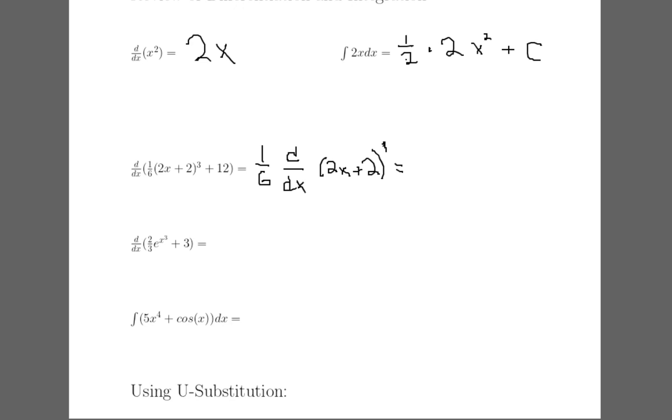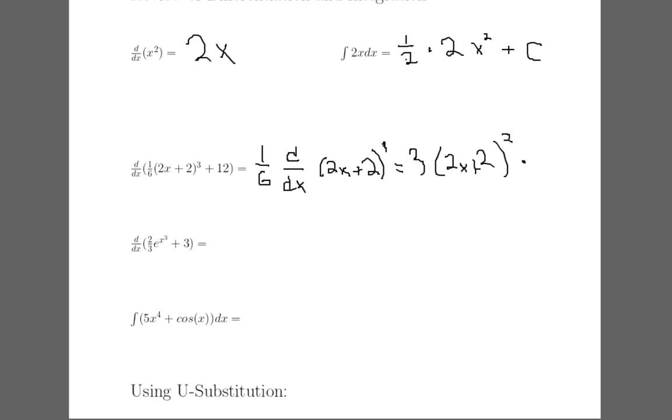And in this case, we have to do a chain rule. So we have this quantity to the third. The derivative of that is going to be 3 times that quantity squared. So just a little power rule. So we'd have 3 times 2x plus 2 squared.